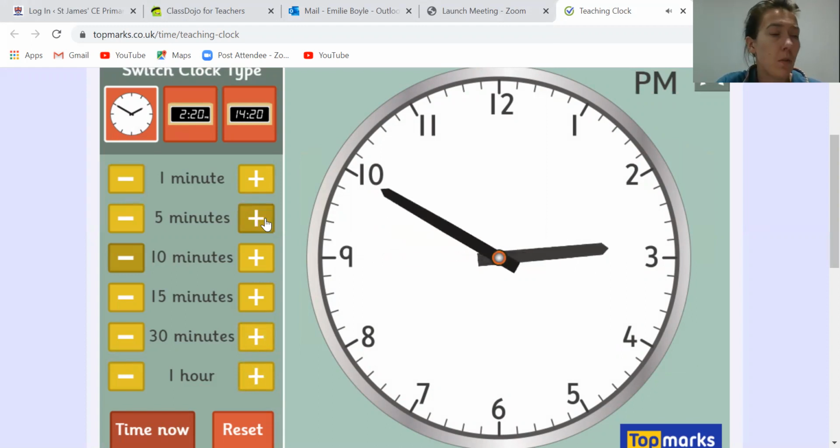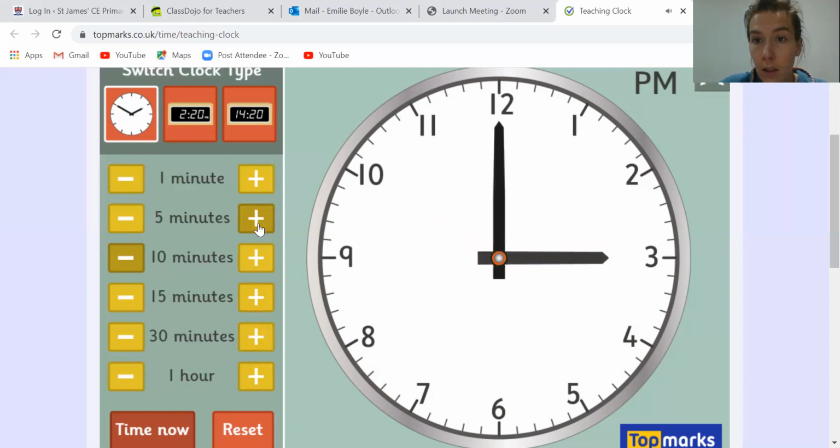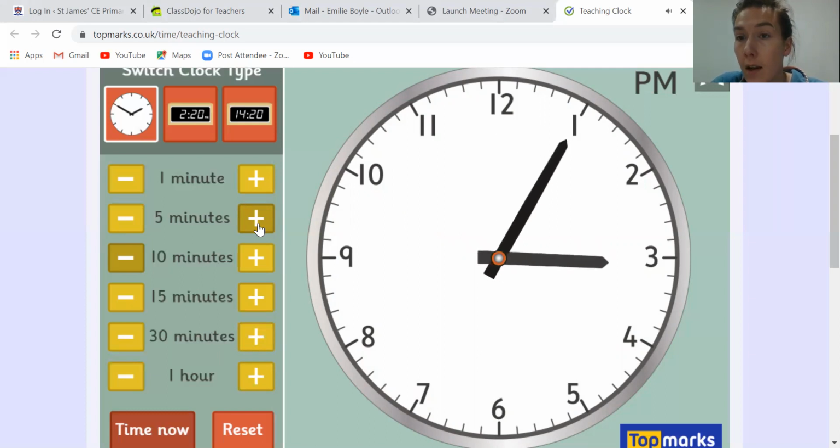So this time we can see that the long minute hand is on the 10. That shorter hour hand is still not on the 3. So it must be 10 minutes to 3 o'clock. And if that minute hand carries on going and then ends up on the 12, we've now reached 3 o'clock. As you could see, that minute hand went past it.